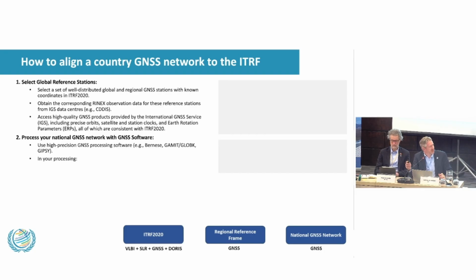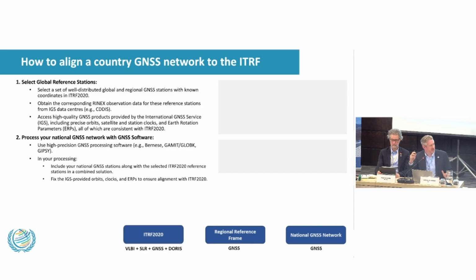For that processing, we include your national GNSS stations along with the selected ITRF reference stations in a combined solution. What they do is they fix the IGS provided orbits, clocks, and Earth orientation parameters to make sure everything is aligned consistently with ITRF2020, in this case, as the reference frame that has been chosen.